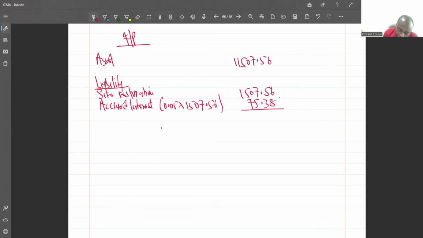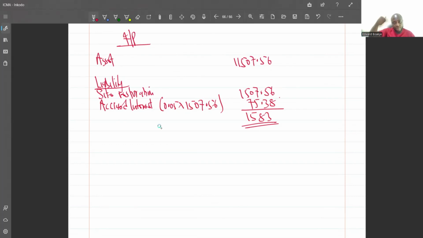So you can see that in effect, the total liability is 75.38 plus 1507.56. But for that year, it will give us 1582.9. So let me say 1583. That is for that year.